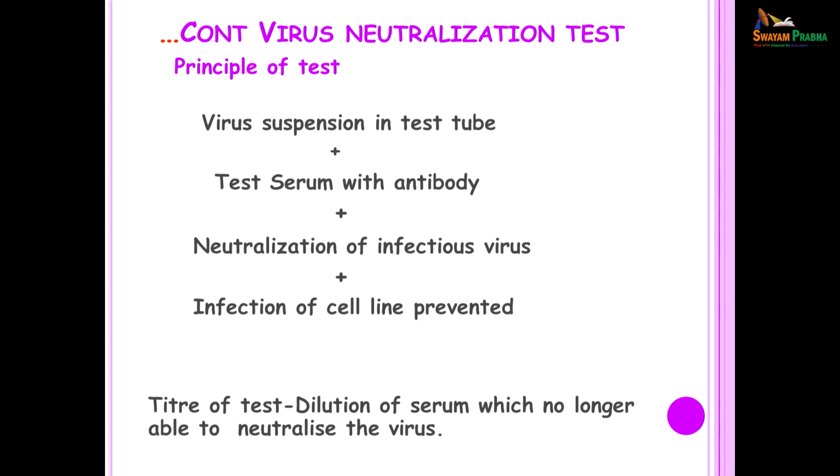However, if antibody was not present, the virus would not have got neutralized, and if in the cell line you see a cytopathic effect, it means that antibody was absent in that particular patient. So, the titer of this test would be the dilution of serum which no longer is able to neutralize the virus.